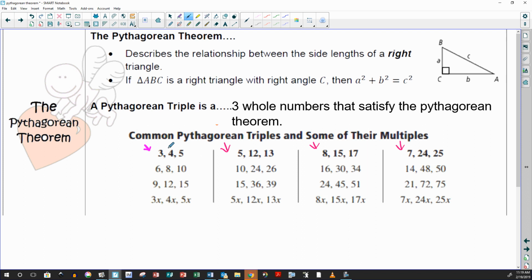If I multiply 3, 4, and 5 by 3, I get 9, 12, and 15. If I multiply them all by 5, I get 15, 20, 25. So you can get an infinite amount of triples just by doing multiples. 5, 12, 13 is another one. Please make note that the biggest number is always going to be the C.